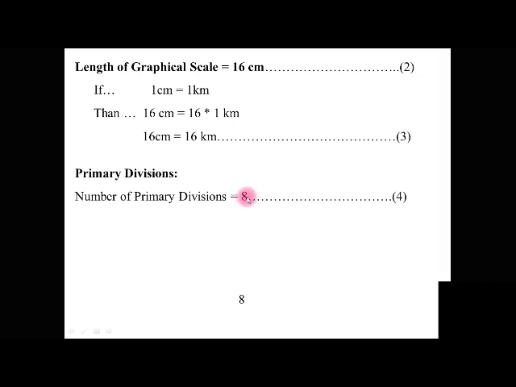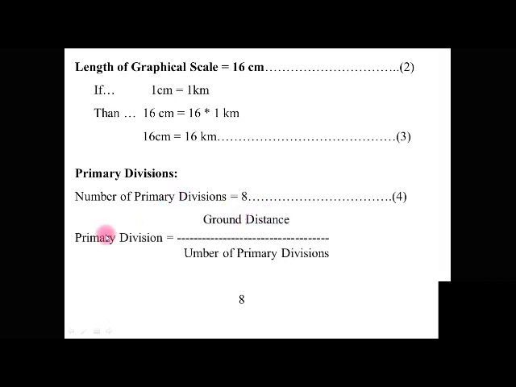I had a thought process in my mind before this decision, that if I take 8 divisions, the number of divisions is not too many, plus when we divide 16 by 8, the answer would be 2, and 2 is a round figure, 2 kilometer. That is why I decide here the number of primary divisions is equal to 8.